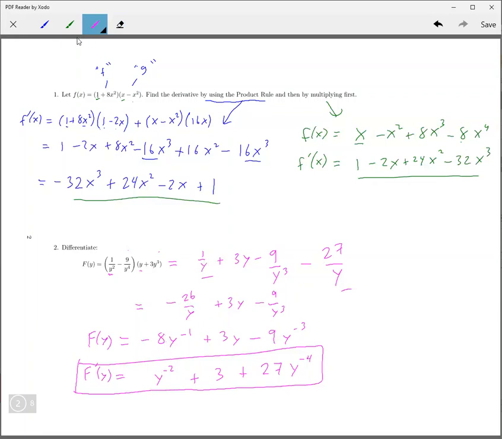So this becomes 26 here, and that's a 26. So 26 y to the negative 2 plus 3 plus 27 y to the 4th. Or you could write it as 26 over y squared plus 3 plus 27 over y to the 4th.